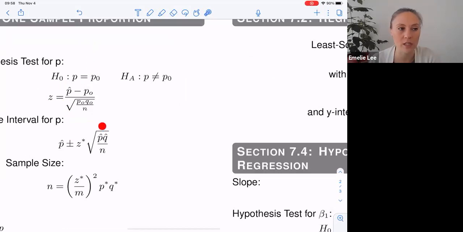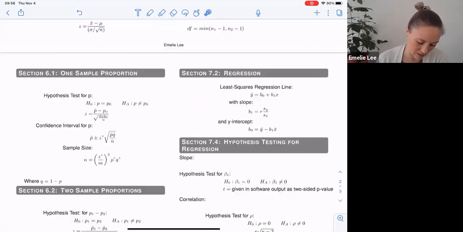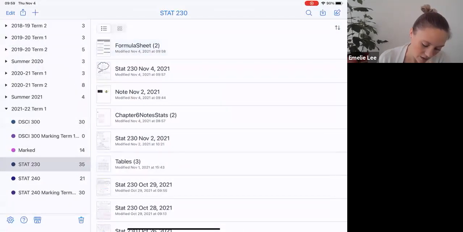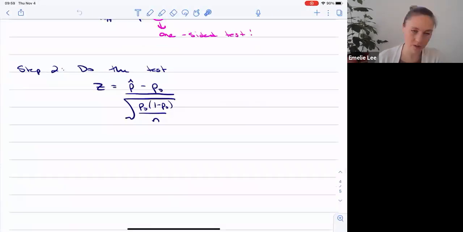So pay attention to whether you have a P naught and a Q naught or a P hat and a Q hat under the square root, and it depends on if you're doing a hypothesis test or a confidence interval. And I even have a note that Q is 1 minus P in general. So just remember that you have that available to you.